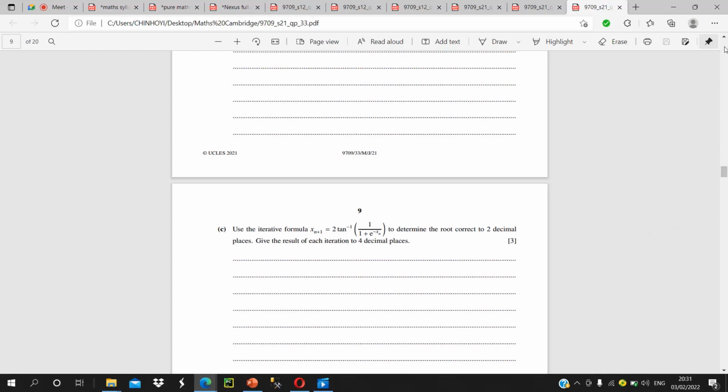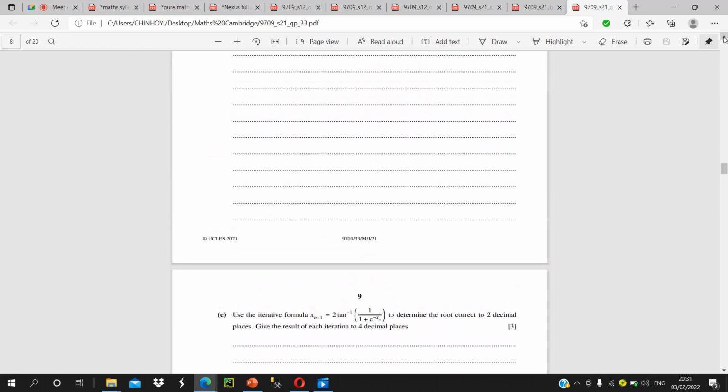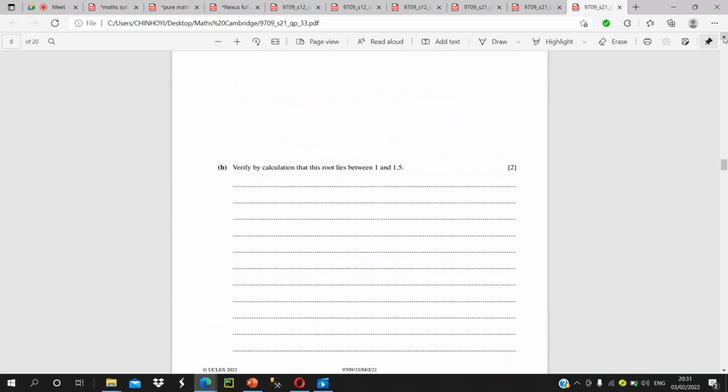Which calculator are you using? Is it a right view? Yes. Okay, fine.